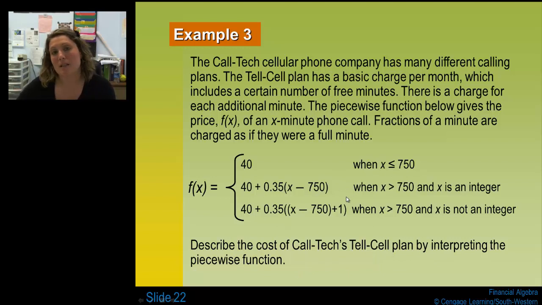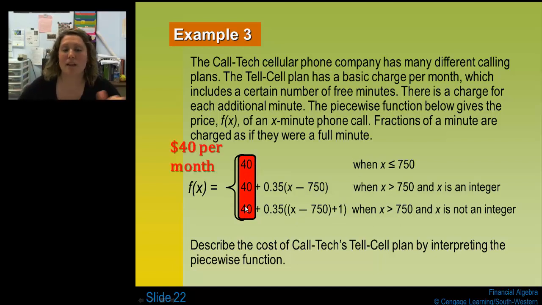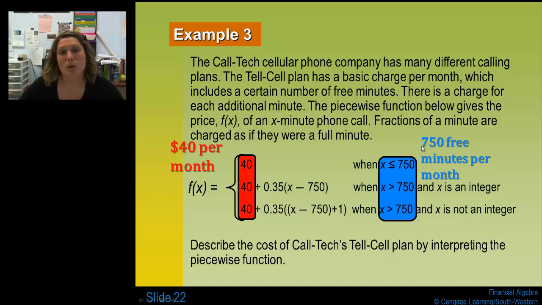So we're going to look at some pieces of this piecewise function, and we're going to explain what they all mean. So this first set right here, notice you see all the 40s come up. This is the flat fee. This is $40 per month for the plan. The next piece that we see is x less than or equal to 750, or x greater than 750. This is where you get the free minutes per month. So you get 750 minutes free per month.